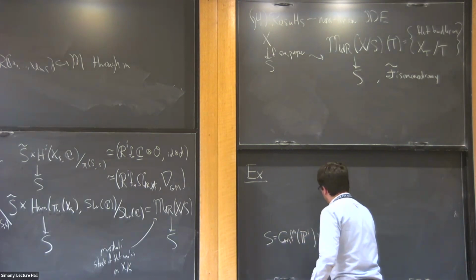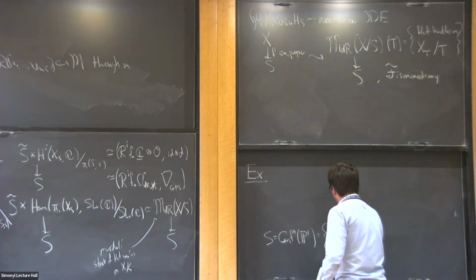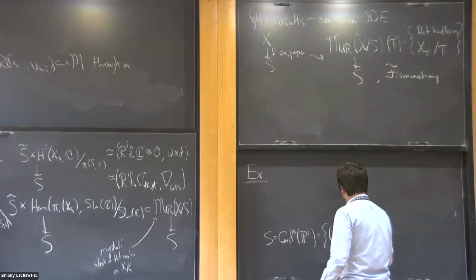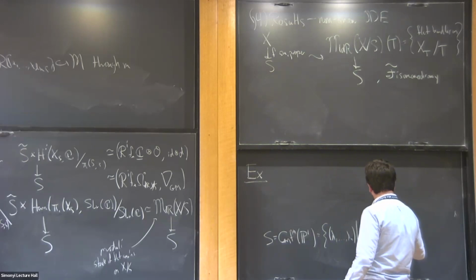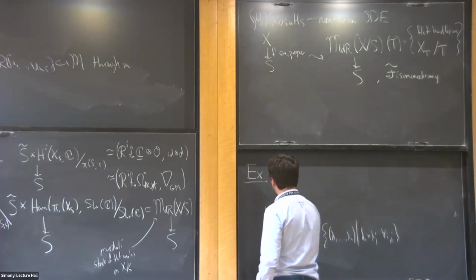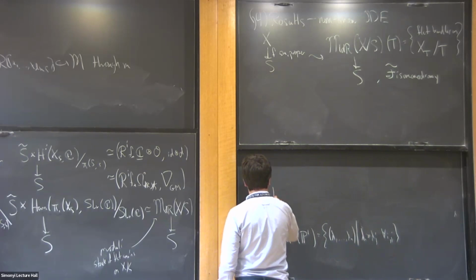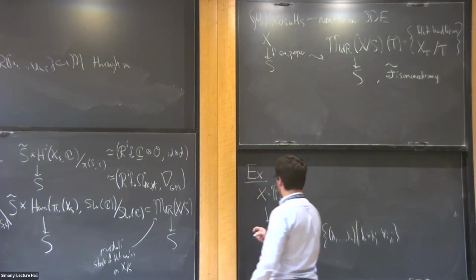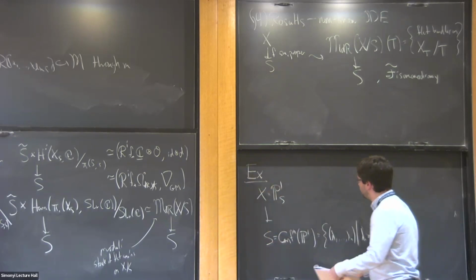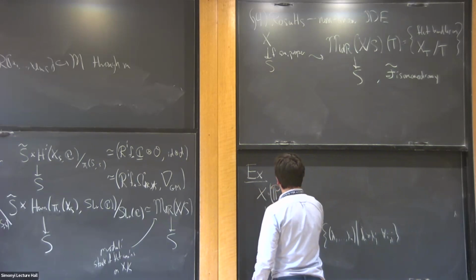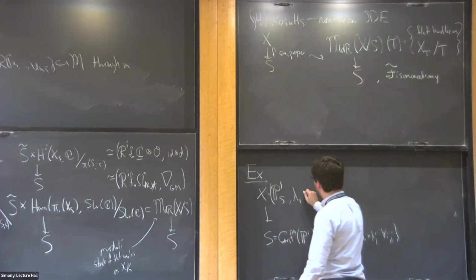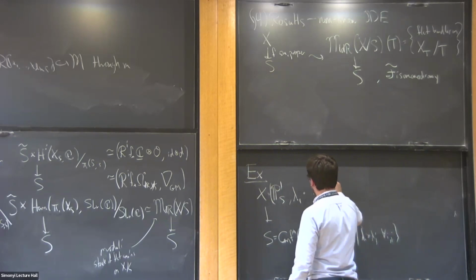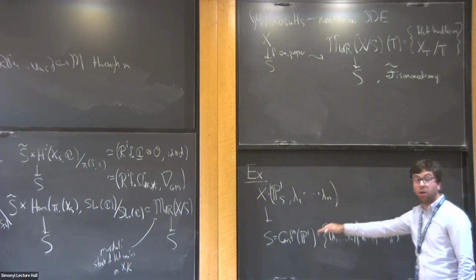If you'd like, you can think of this as ordered tuples lambda_1 through lambda_n, where lambda_i is not equal to lambda_j for all i, j. Then over this, X is just P1 times S, but it will be equipped with a divisor, which is just the universal divisor over these points, lambda_1 plus through lambda_n. This is the divisor D over S.